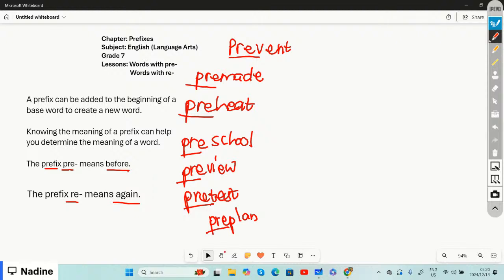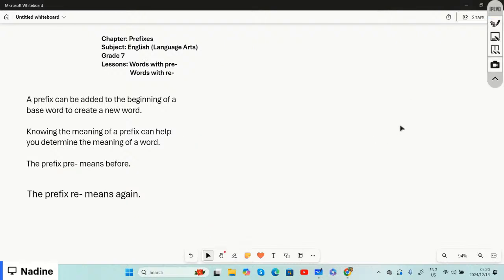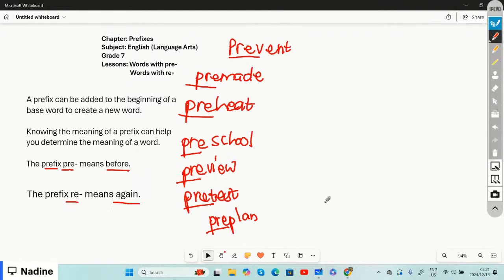And if you look at a few examples of the word re, if we were to redo something, what does it mean? Redo.